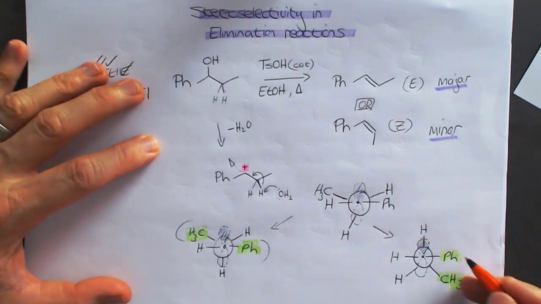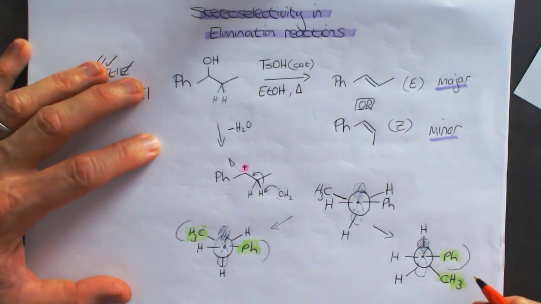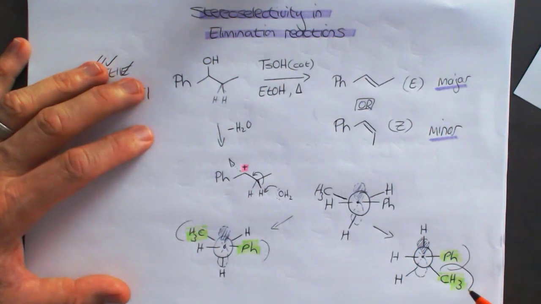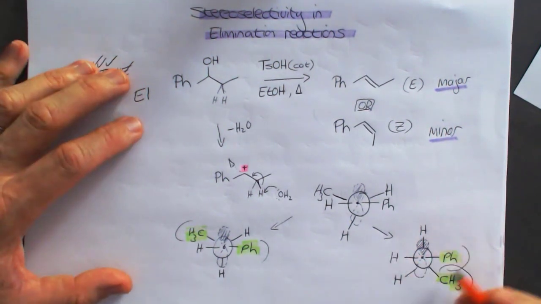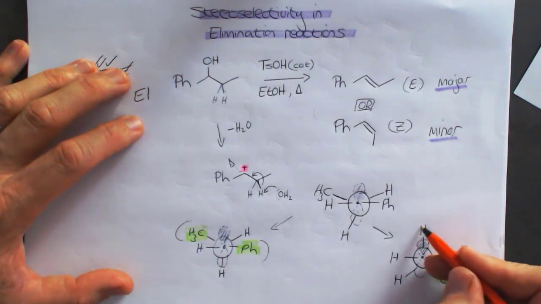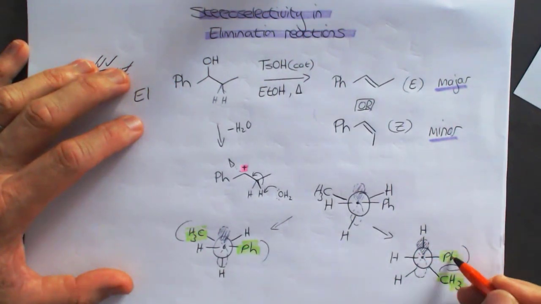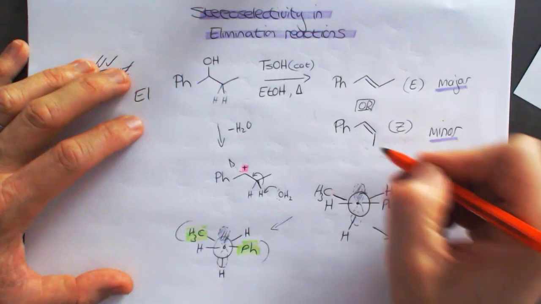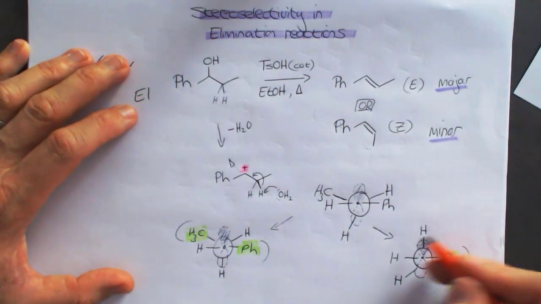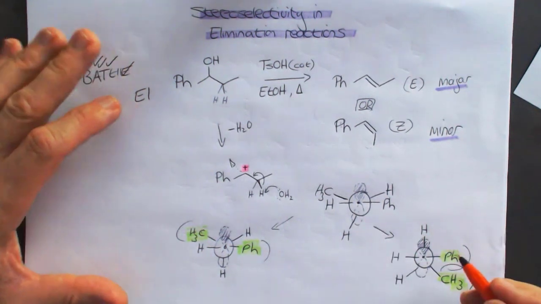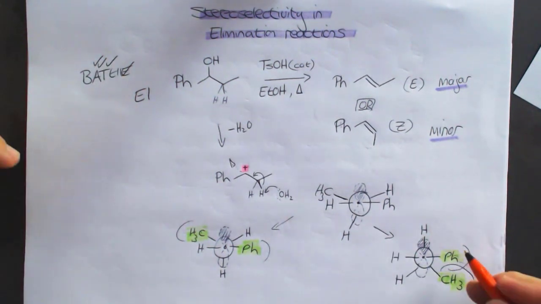In this situation, we've got this phenyl group, which is big, and a methyl group, which is big. They're clashing with each other over here. So if we eliminated at this point, so this proton leaves, the phenyl and the methyl will be on the same side, just like we have over here. And because of this clash, this transition state is a high energy transition state.